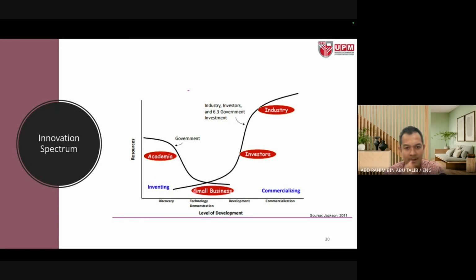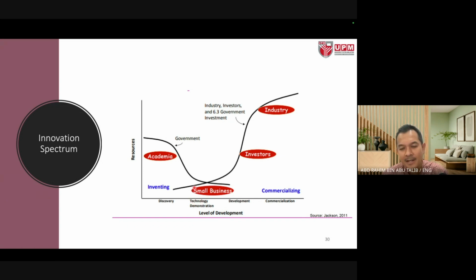And then when we move to higher TRL 4, 5, technology demonstration, the product itself has already been tested. It is workable at lab level, and it can be demonstrated, right?